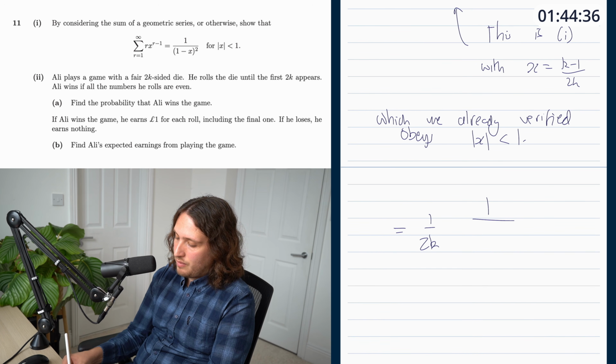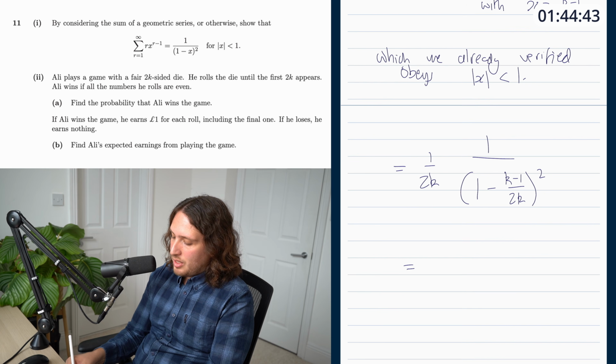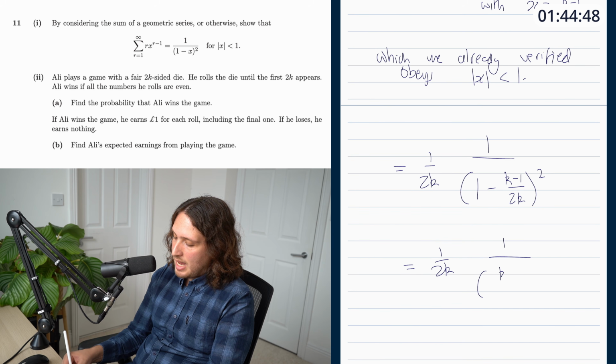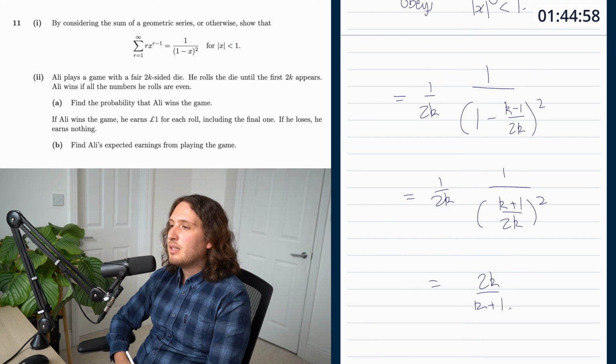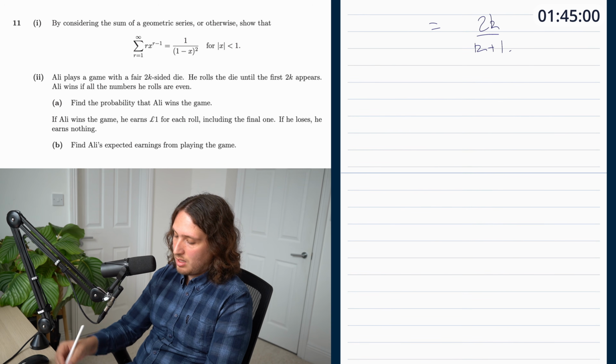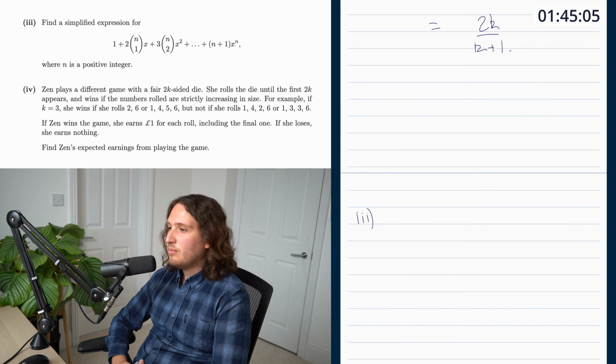So 1 over 1 minus that thing, all squared, which is 1 over 2k, 1 over k plus 1 over 2k squared, which is 2k over k plus 1. Cool. Okay. Part 3. That's got to come from differentiating a binomial expansion or something.